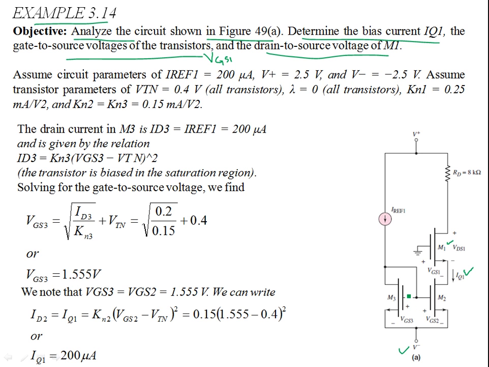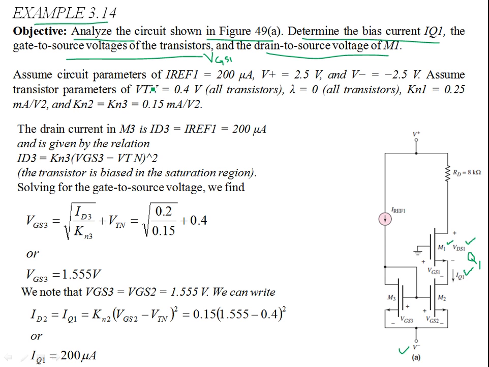So this IQ1, VGS1 and VDS1 are going to constitute the Q point of the transistor M1. So let's call this Q1. Let's find out what they are.